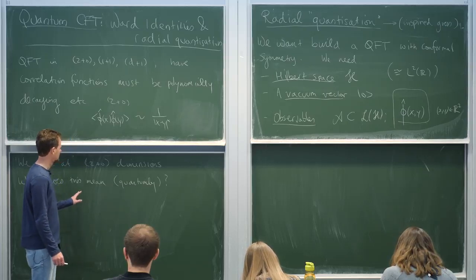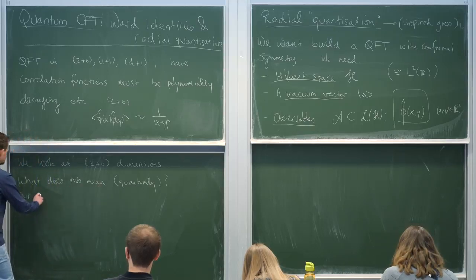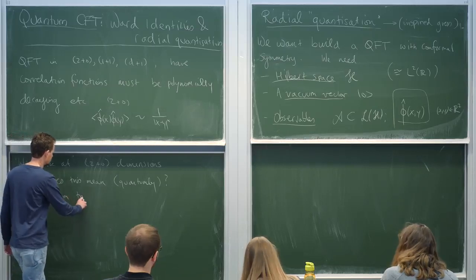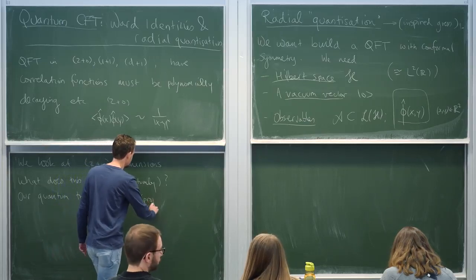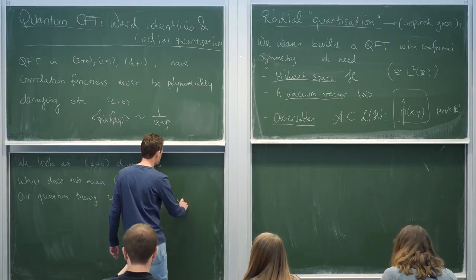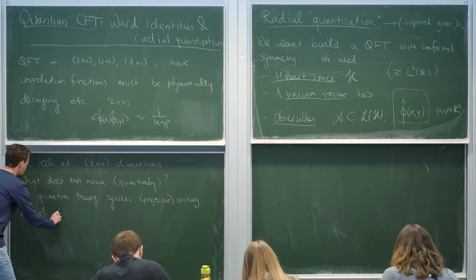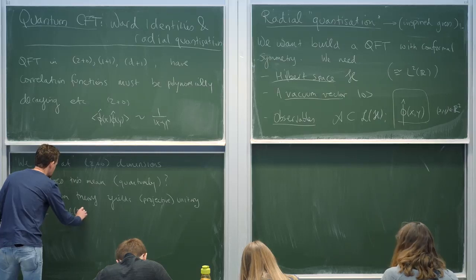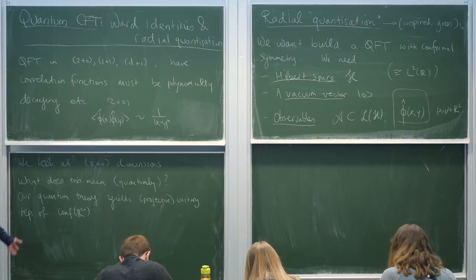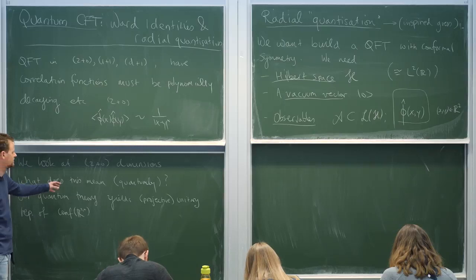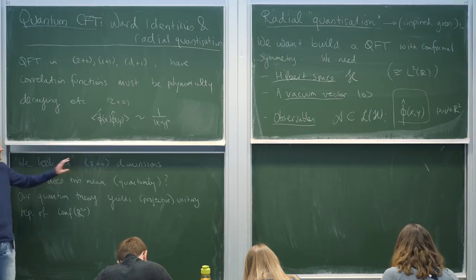There are a lot of ways to get confused about that statement, but the cleanest way to think about it is that our quantum theory yields a projective unitary representation of the conformal group of R2. That's what I taught you to understand this means.